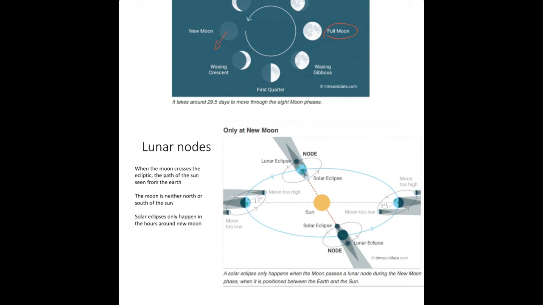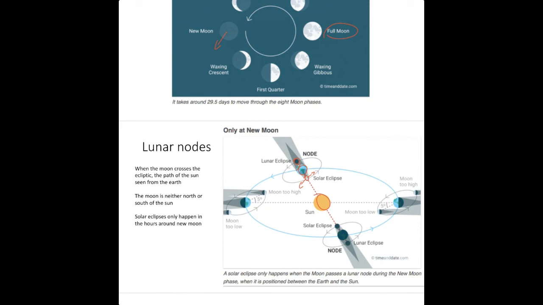And so when the moon crosses or is in the plane of the ecliptic, then sun, Earth, and moon are perfectly aligned. This means that the moon is not north or south of the sun. You could say that the declination of the moon is then 0 degrees, so the moon is neither north nor south.